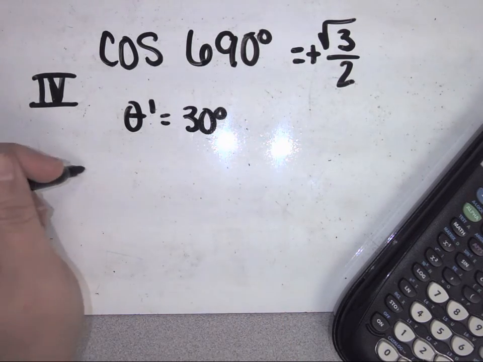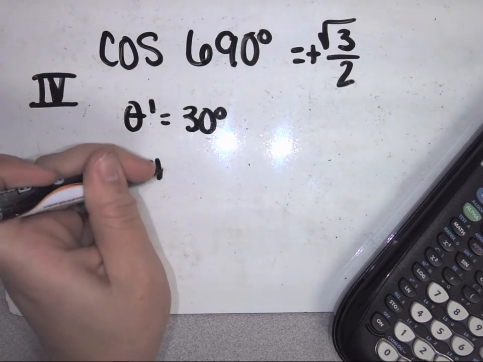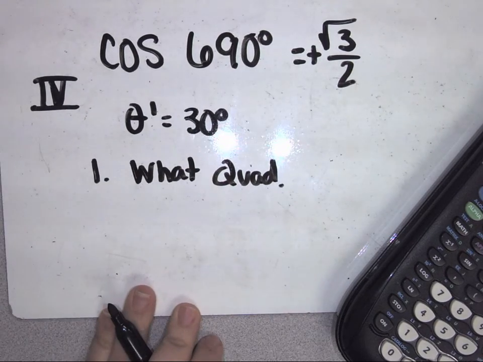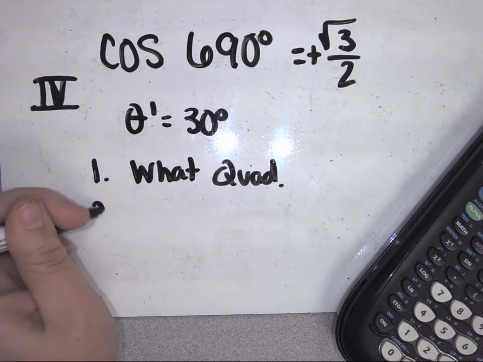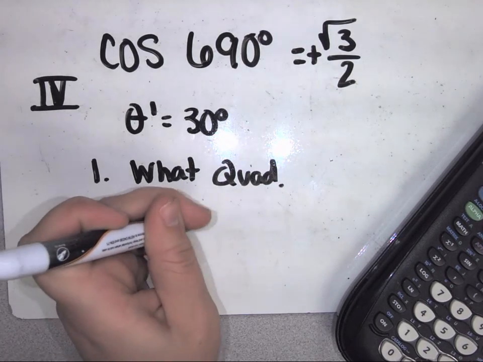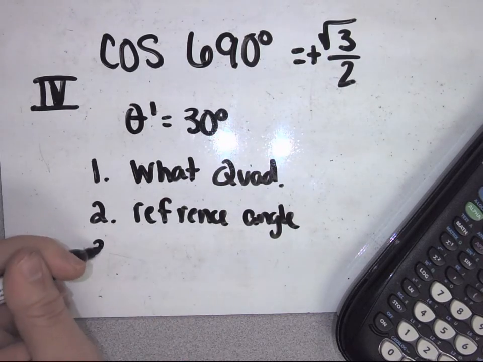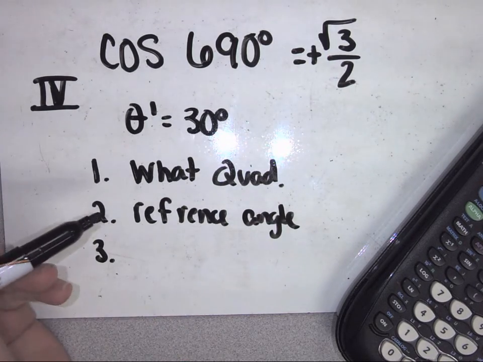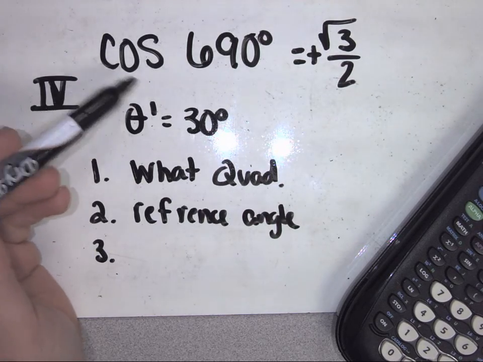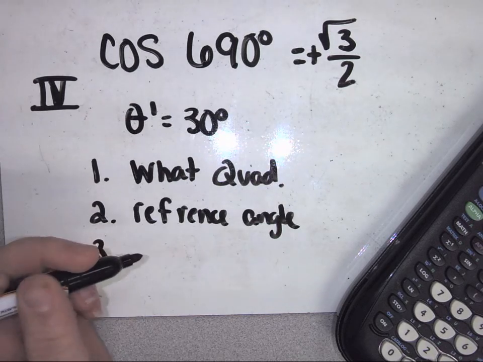So if you want to write this down, like to help yourself remember it, first, what quadrant is it in? Things you should always ask yourself. 2, what's the reference angle? 3, if it's not one of the main 3 trig functions, sine, cosine, or tangent, you're going to have to switch it to those, right?